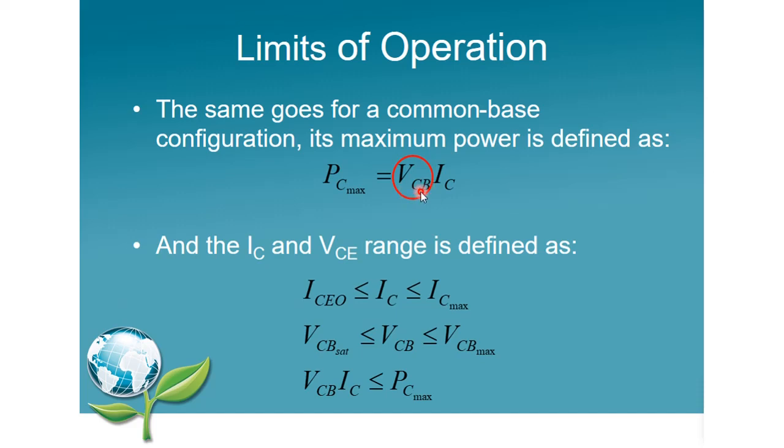For the common emitter previously, we use VCE. And the IC and VCB range is defined like this. IC must be less than IC max, VCB must be less than VCB max, and total power must be less than the PC max value.